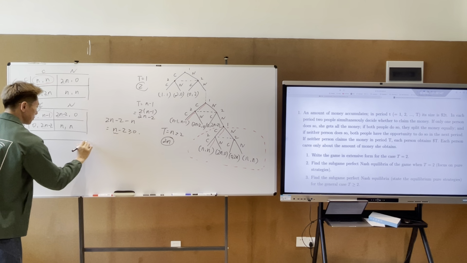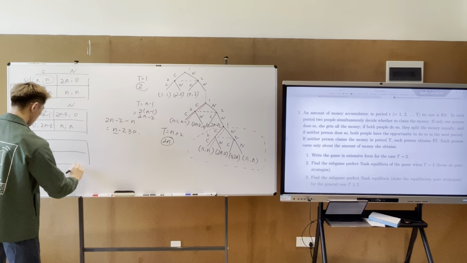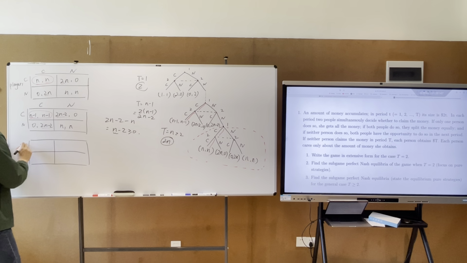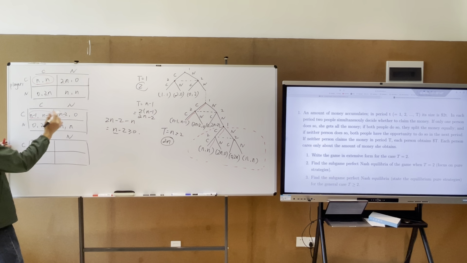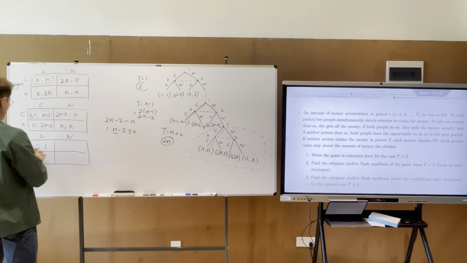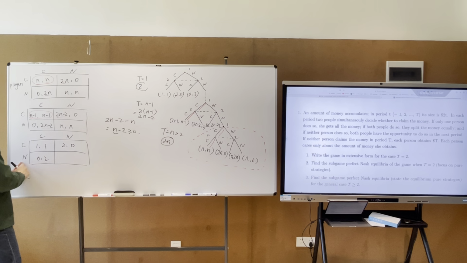In period 1, player 1 claim, not claim, claim, not claim. And if both claim, they get 1-1. If player 1 chooses to claim and the other not, this is 2-0, 0-2. And my question is very important here.